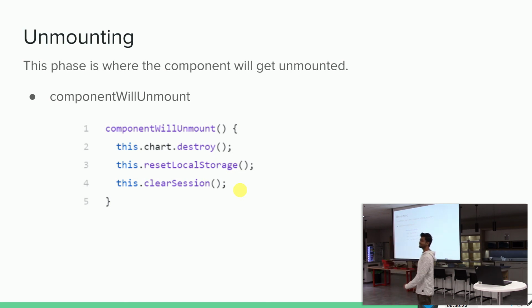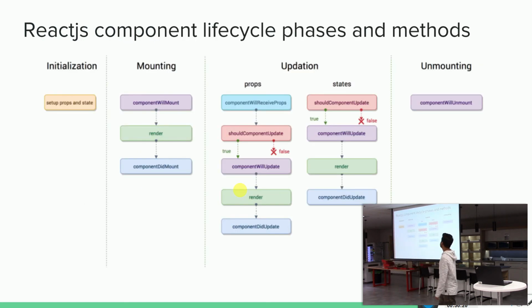Nice. Any questions? Cool. So just to summarize again, I want everyone to have the impression of this diagram in their mind, because it's really important to understand. For example, last year I started on React, and I was on a project for almost one year.